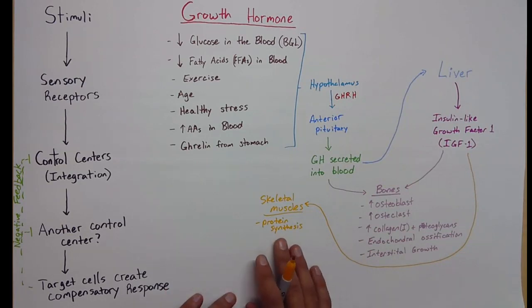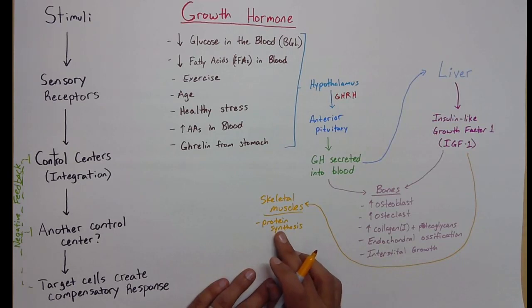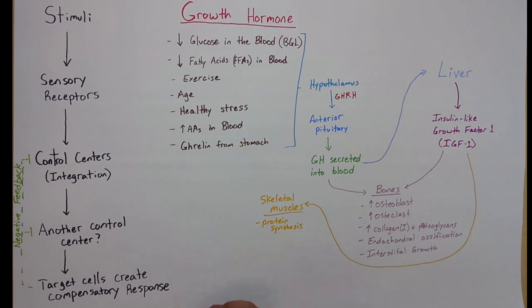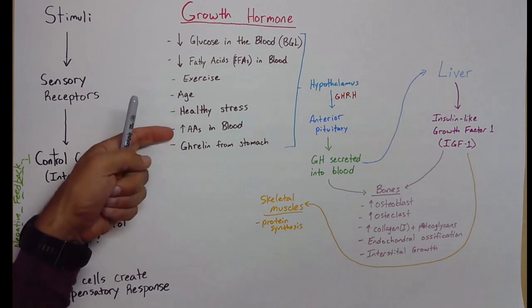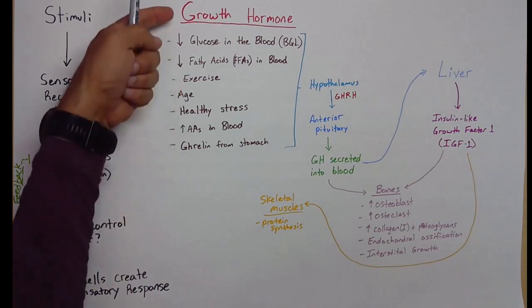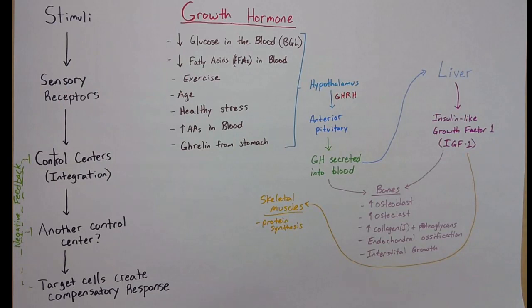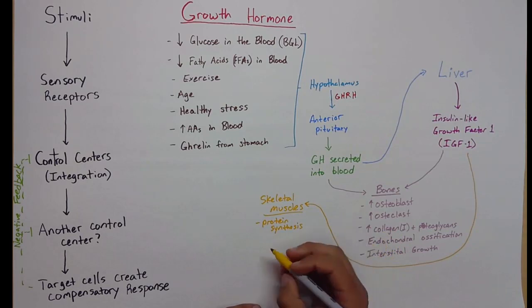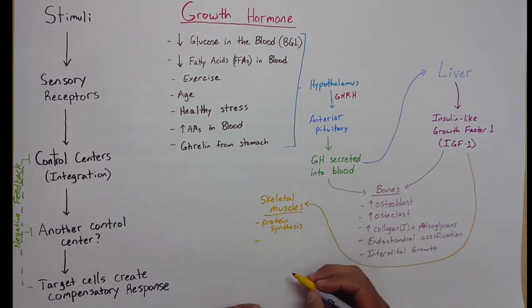But what do we need in order to synthesize new proteins? Well, proteins are made out of amino acids. And amino acids in the blood, if you recall, was one of the stimuli for growth hormone. So as new proteins are being synthesized, we need amino acids to help with that function.